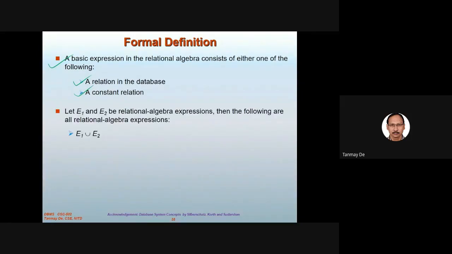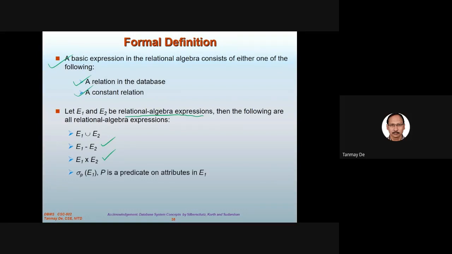And suppose E1 and E2 are two relational algebra expressions. Then the following are also relational algebra expressions. E1 union E2 is a relational algebra expression. Set difference is also a relational algebra expression. Cartesian product between the two relational algebra expressions is also a relational algebra expression.